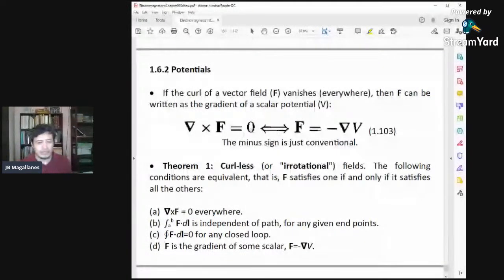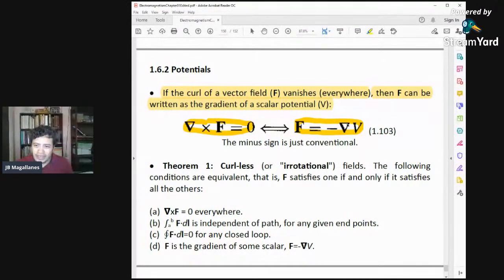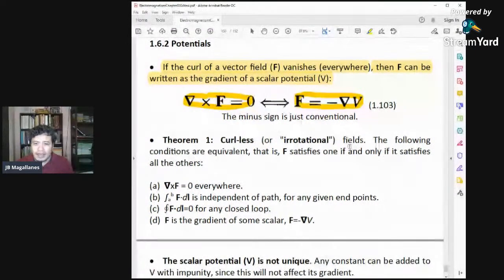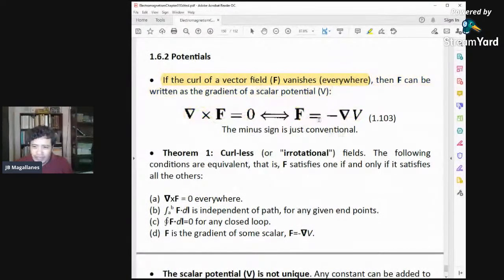Anyway, these are the first theorem for Helmholtz. If the curl of a vector field f vanishes everywhere, then f can be written as the gradient of a scalar potential. This scalar potential has no direction. The direction will be given by del, so that your f will be a vector. By the way, the minus sign is just a convention.